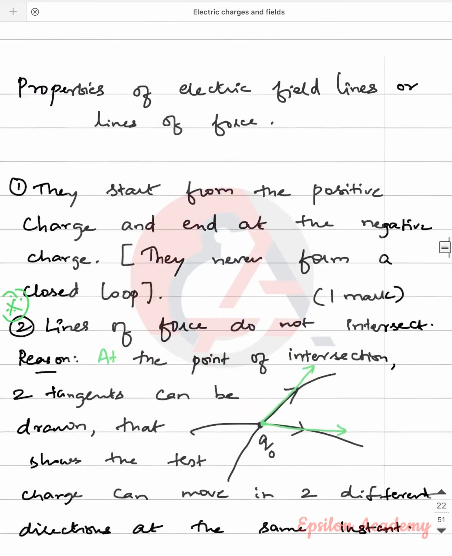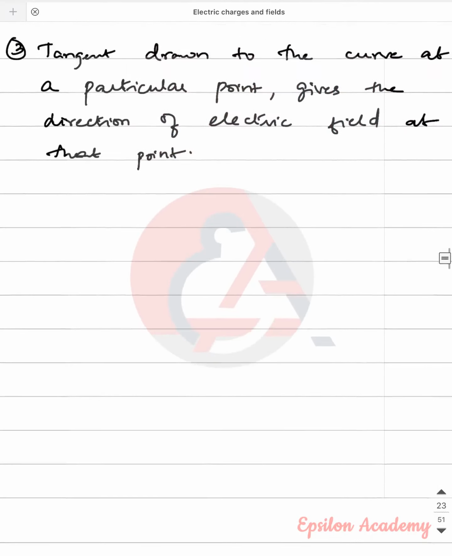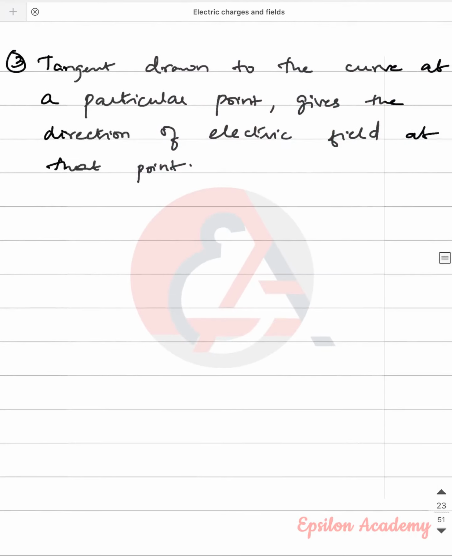So this we have already seen. For example, I've already told you tangent drawn at a particular point gives you the direction of electric field. So I'm not discussing much on this.